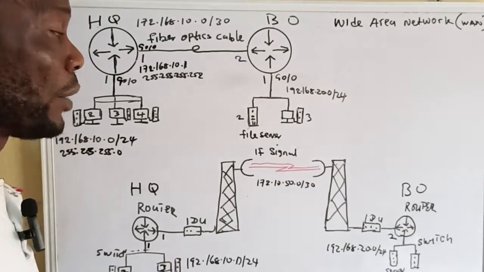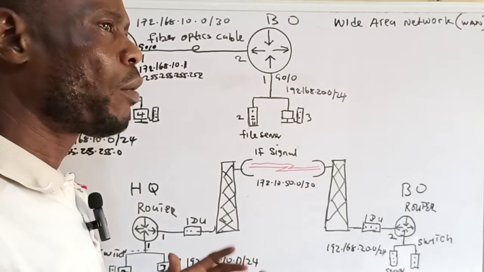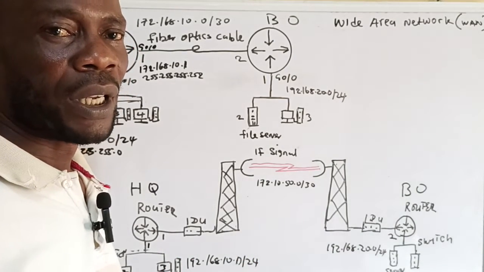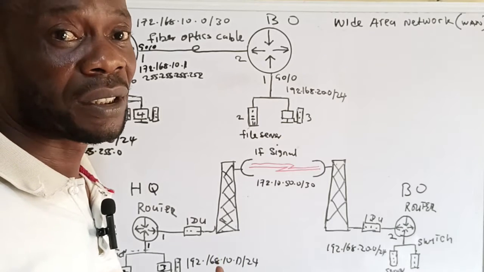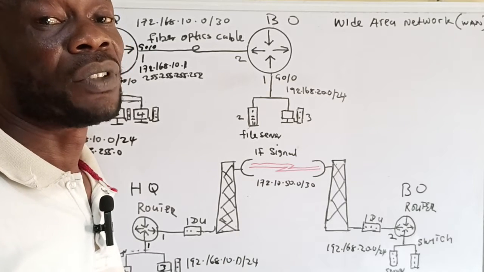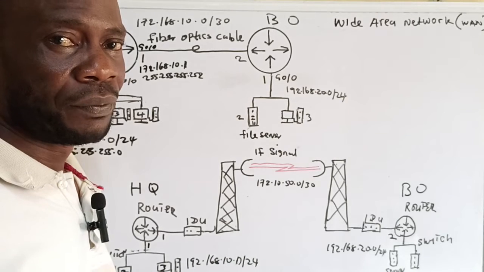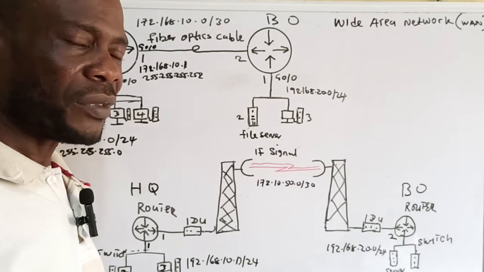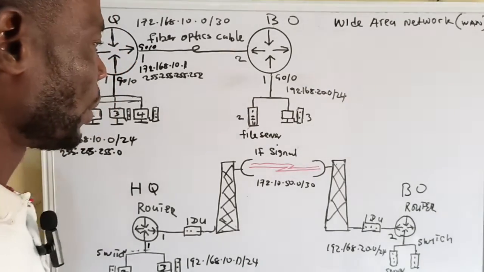But for now, I want you to have broad knowledge of how a WAN operates, how WAN link connections are established, so that by the time I'm teaching you the practical part using the same image I posted before, you will understand what I'm talking about.